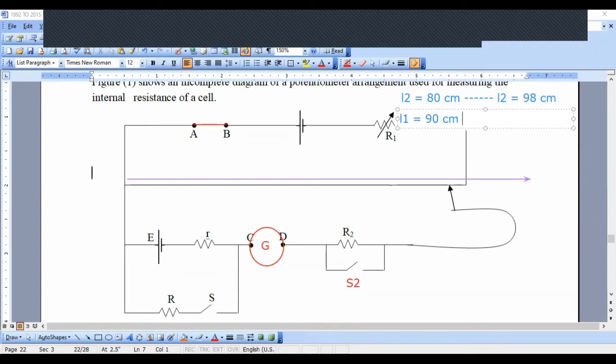So due to the adjustment of R1, L1 will also be increased. If 80 centimeter is increased up to 98 centimeter, can you guess, the balance length L1 will be increased from 90 to sometimes 110 centimeter, something like that.